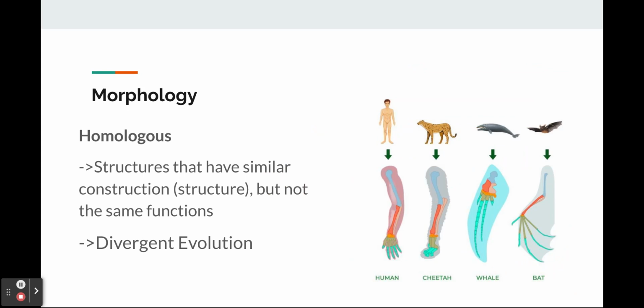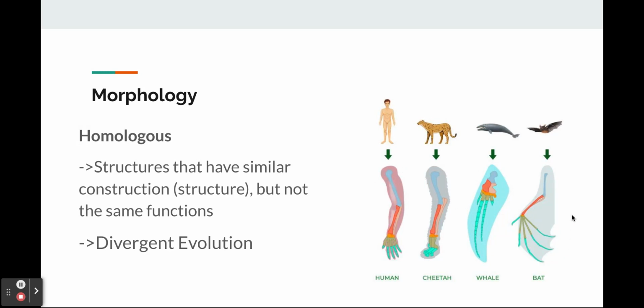Homologous structures, these are structures that have similar structure or construction, but not the same function. So this is evidence of divergent evolution. So we looked at the 4 limbs of all of these animals, right? We looked at how they have a humerus, a radius and ulna, metacarpals, carpals, and phalanges, and they all have that in the exact same order.